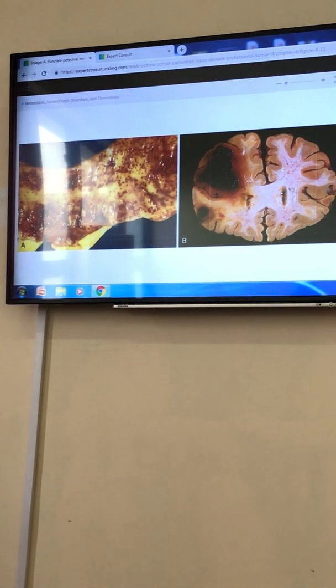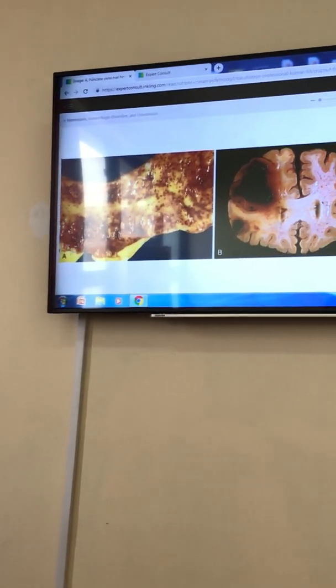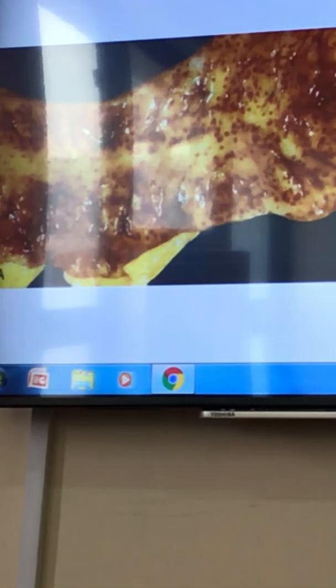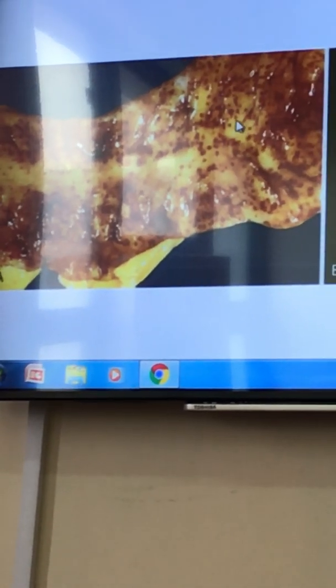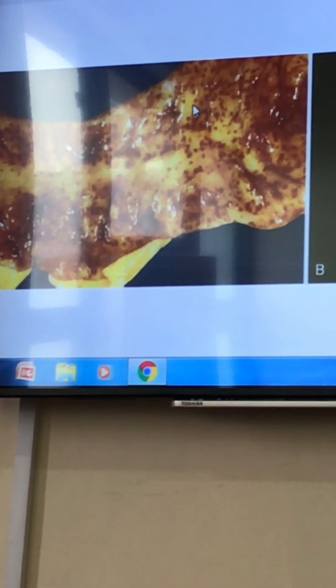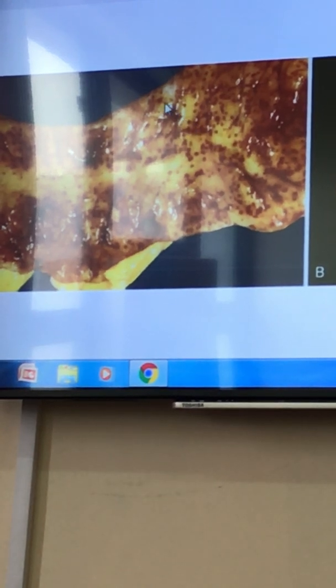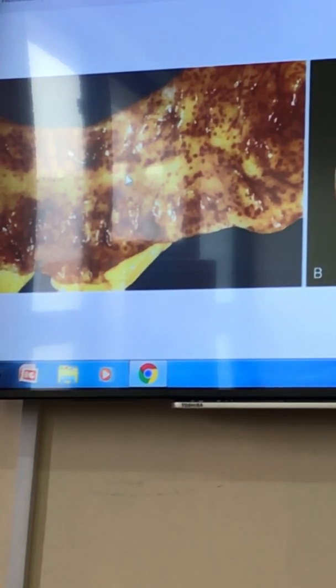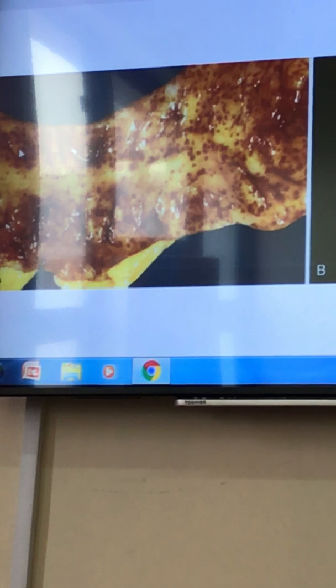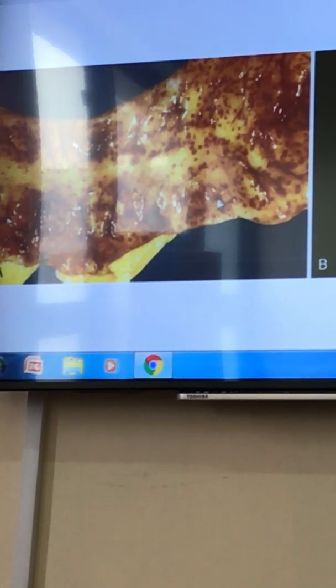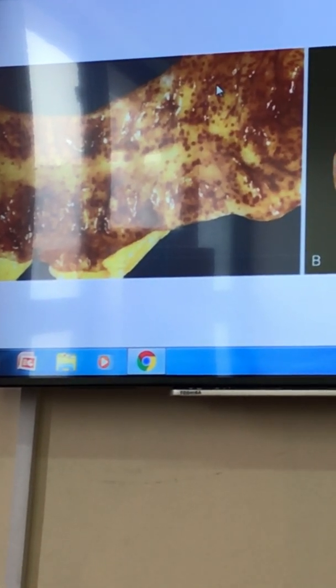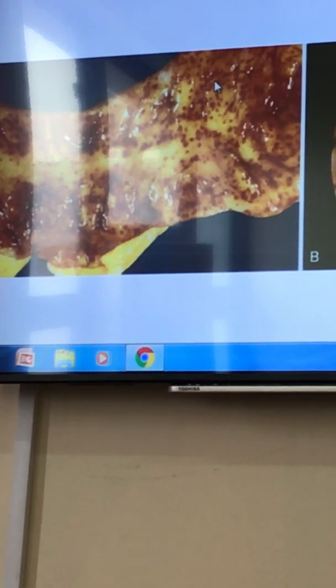This is a segment of intestine, colon. This is the mucosa, but you see very, very tiny hemorrhages diffusely present on the mucosa. This is due to thrombocytopenia, a low number of platelets in this patient.